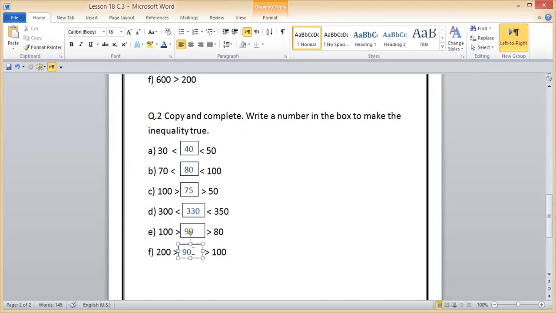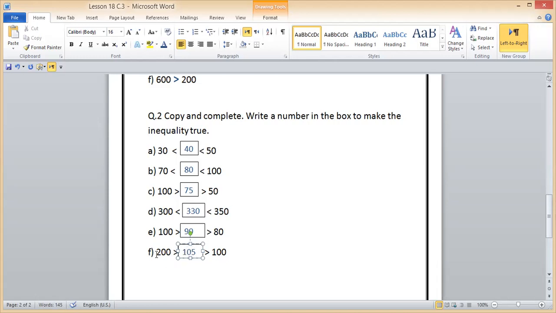Look, this is 90. 90 is not greater than 100, but 90 is less than 200. So this is not true. If I write here 100, 100 is not greater than 100, but 100 is less than 200. So only one of the conditions is satisfied. If I write here 105, yes, 105 is greater than 100 and 105 is less than 200.